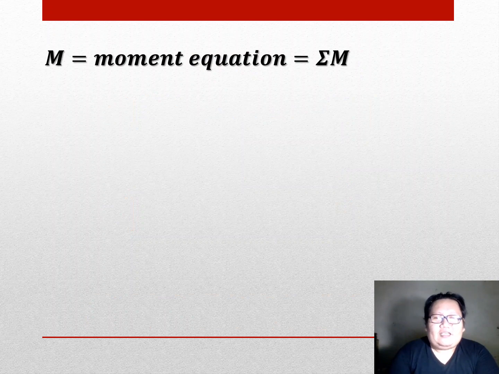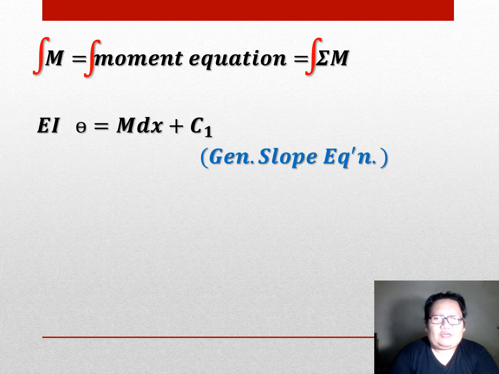For this, once makuha na nato ang summation of moment at the point of cutting, we are going to now get the integral of the moment equation. And by that, we will get EI theta, or the slope, equal to the first integral of the moment equation, M dx, plus C1, the first arbitrary constant. And we call it the general slope equation.